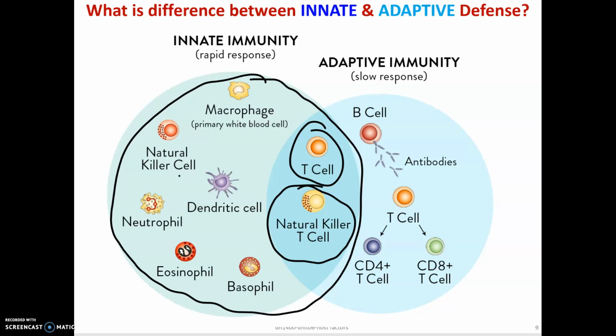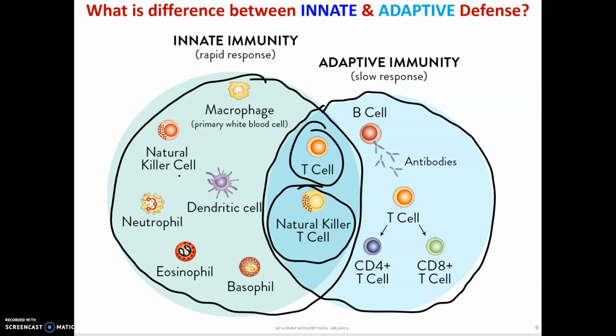Now these two cells are really, really important because they overlap with the cells that work in our adaptive immune response. So these two cells are how these different immune responses communicate. T cells and natural killer T cells are super important in making this connection.